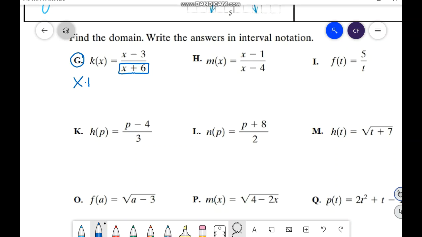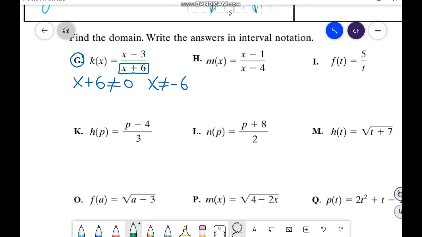So let's write down here x plus 6 different from 0. We don't want it equal to 0. That means x is going to be different from negative 6. That's the number that we want to exclude from the domain. We're going to delete this number from the domain.